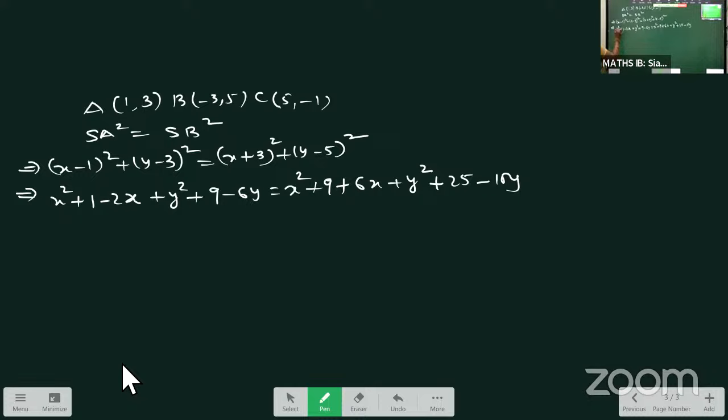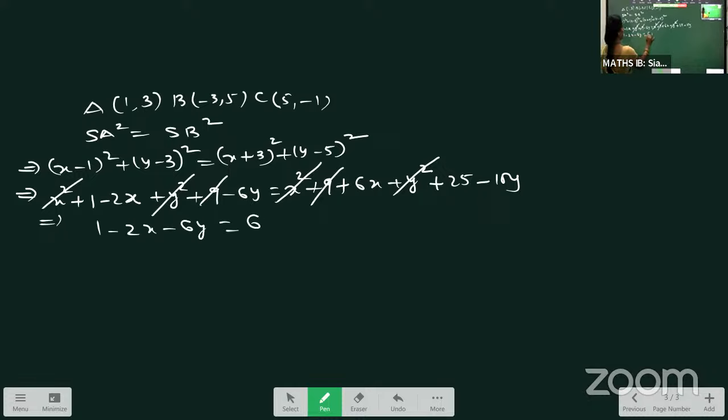Now similar terms with the same signs on opposite sides can get cancelled. y², y² cancel. Any more? 9 and 9 will also get cancelled. Any more? No. So we write here 1 − 2x − 6y is equal to 6x + 25 − 10y.